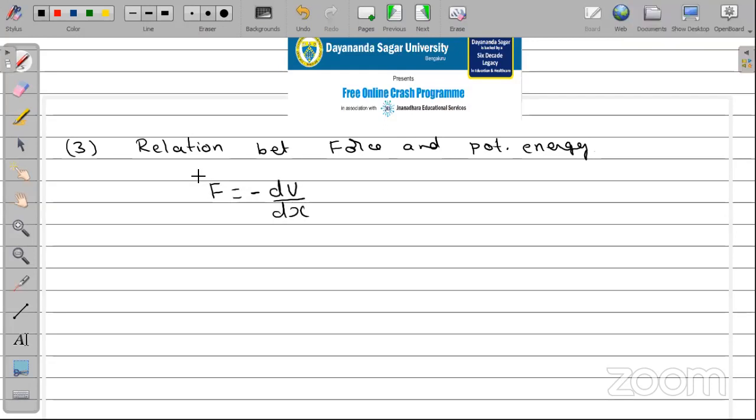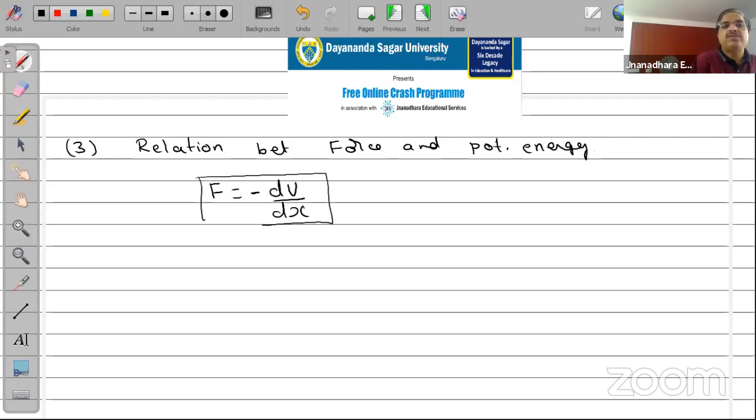I think this is a very well-known relation for all of you, which says force is the negative potential gradient. This itself was asked in many examinations. Force basically can be written as the negative potential gradient of potential energy.